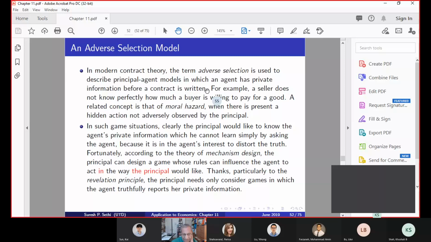And that paper got published eventually, and Akerlof got the Nobel Prize. And that paper became the main source of the idea behind the revelation principle that Myerson came up with at Stanford.